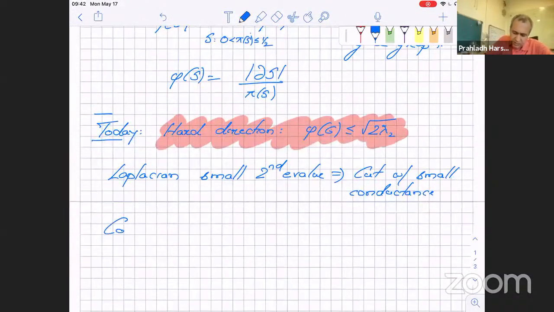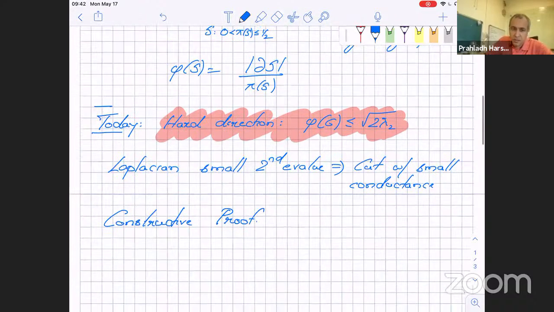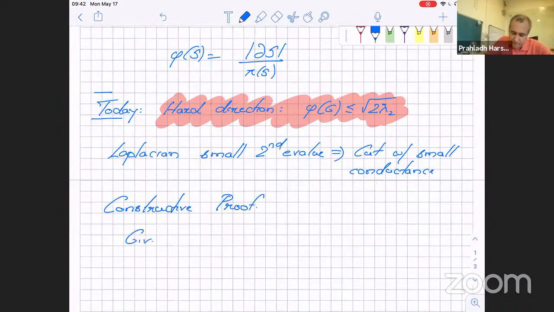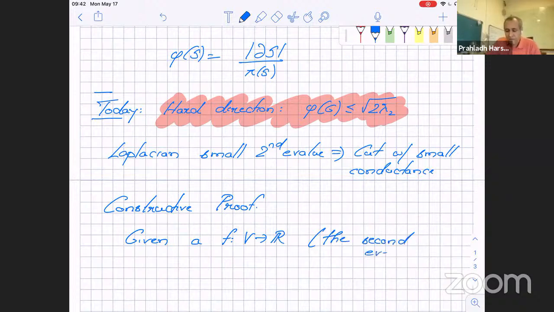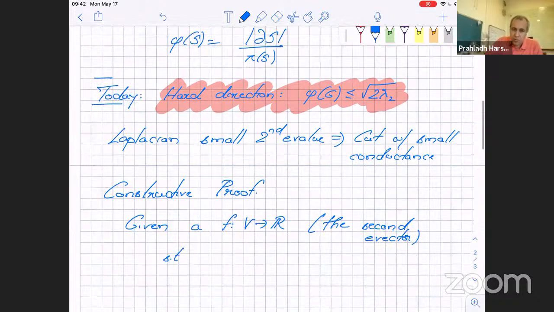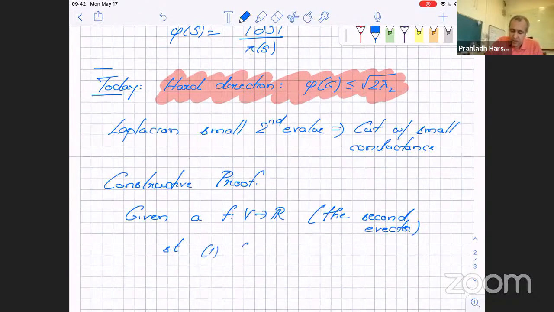I'm just recalling several things that we did last time. The constructive proof goes along the following lines. What do I mean by constructive proof? Given a function f on the vertices, this could be the second eigenvector, such that two properties are true. One, f is orthogonal to the all ones and f is non-zero.